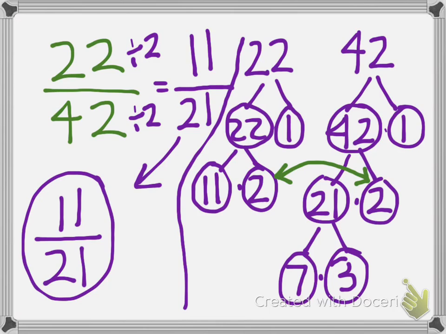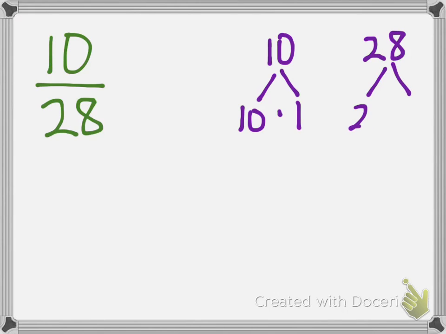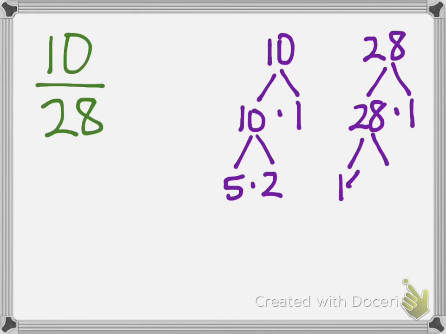One more, just for practice. 10 28ths. Again, the first thing I notice, these numbers are even numbers. So I know that 2 will go into it. But I just need to check and make sure, just to be safe. Otherwise, I'm just causing more work for myself later. So which is the greatest common factor they share?